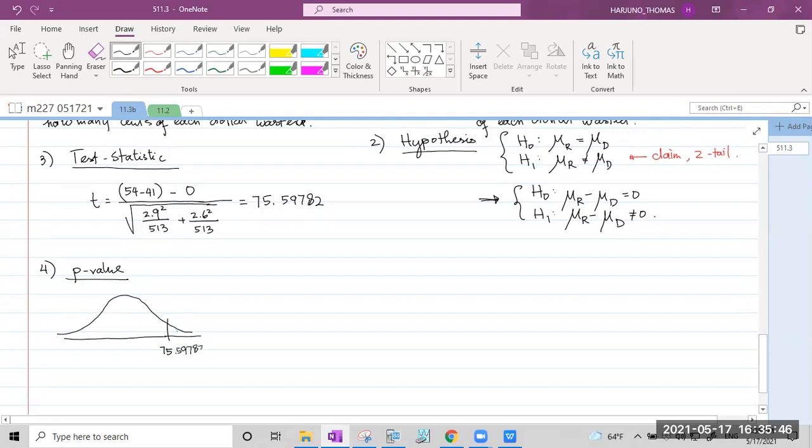So the area here will be practically 0, even if later on I multiply by 2 due to a two-tailed test. But let's see. The p-value would be 2 times tcdf, lower bound 75.59782, upper bound E99, degree of freedom 512.